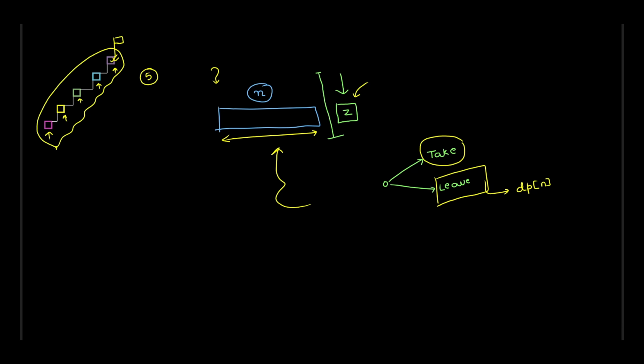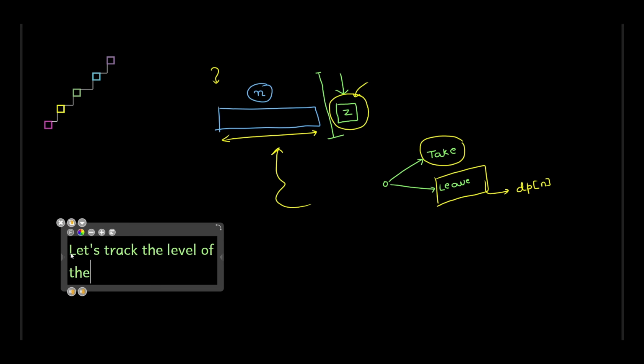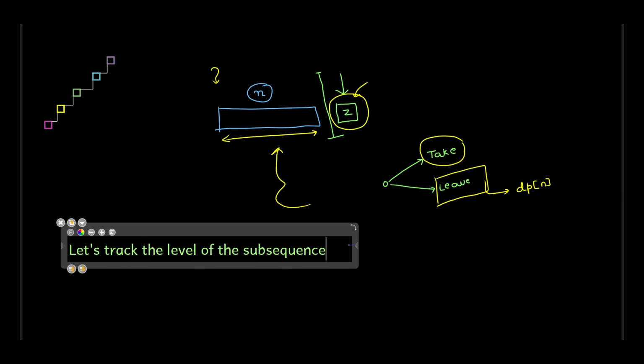You also need to track one more parameter to determine whether you should take this element in your set or leave it. So what do you think that parameter will be? You will have to track the level that you have reached with this subsequence so far. Level of the subsequence basically means the last unique prefix maxima that you have obtained in your subsequence so far.